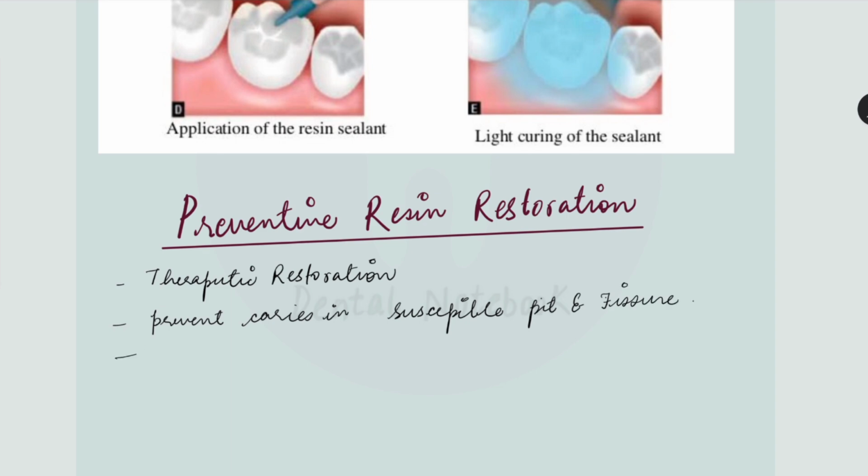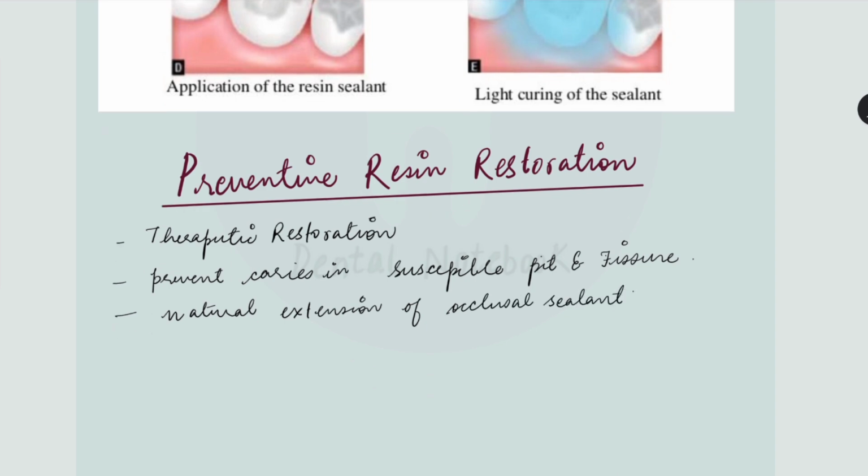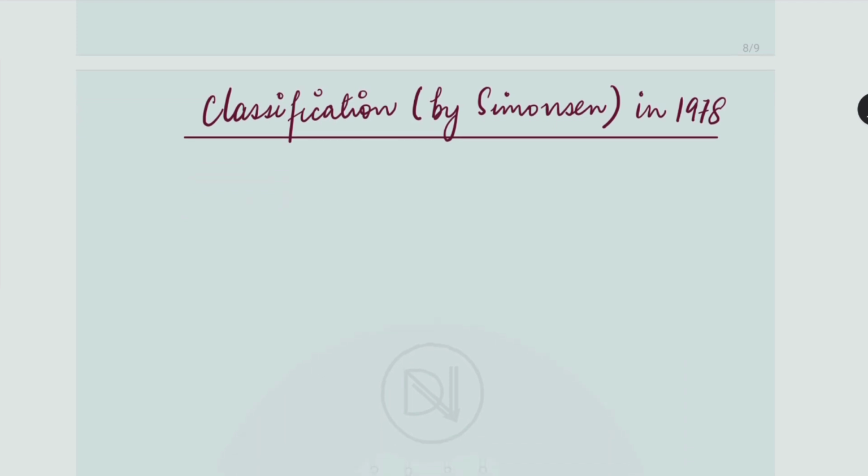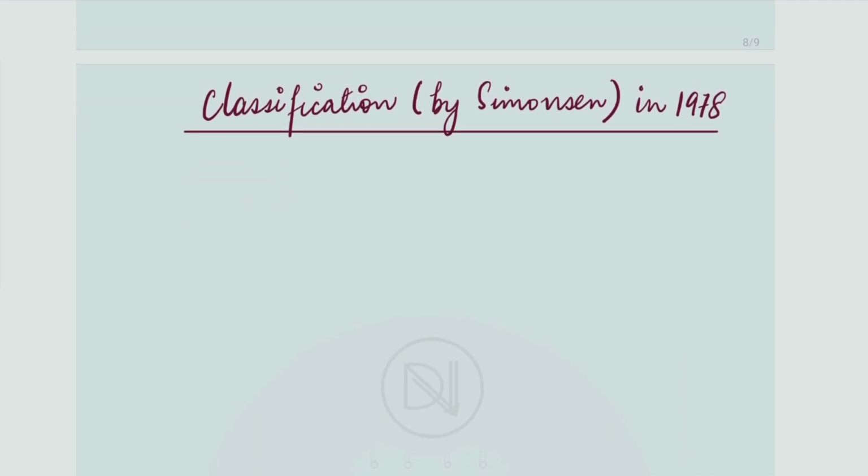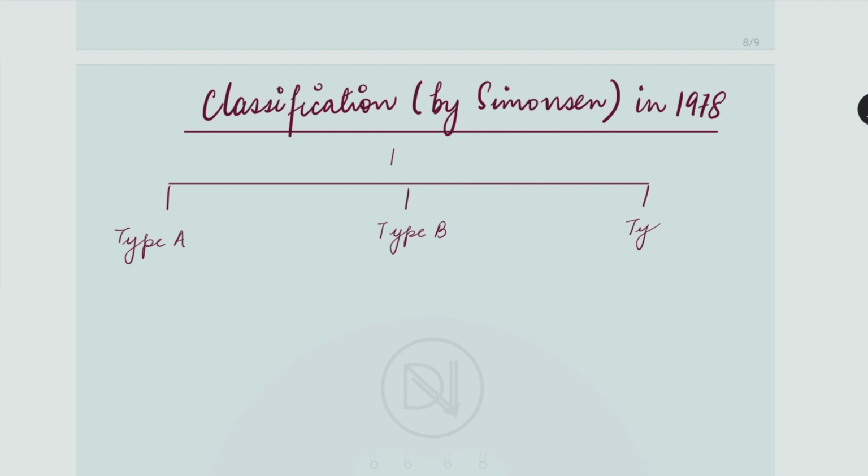Okay, so this is done by natural extension of the occlusal sealant. Here the classification has been given by Simonson in 1978, where he classified this into 3 categories. So they are type A, type B, and type C.